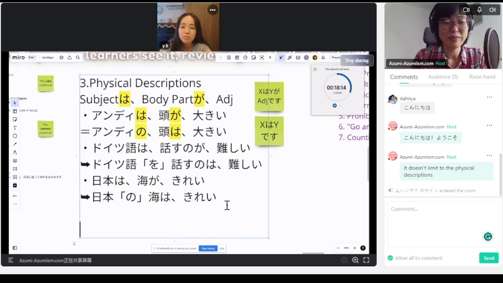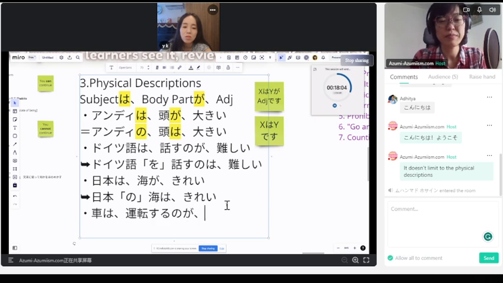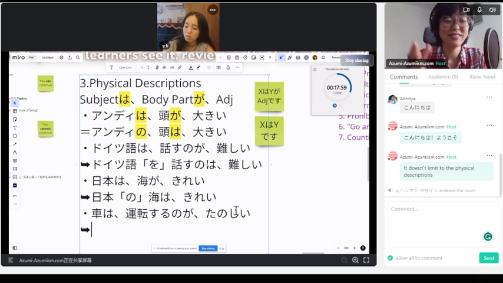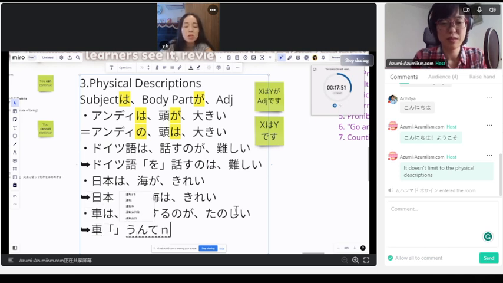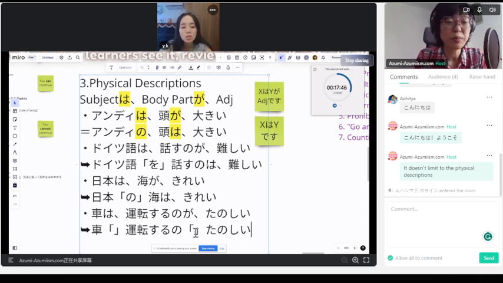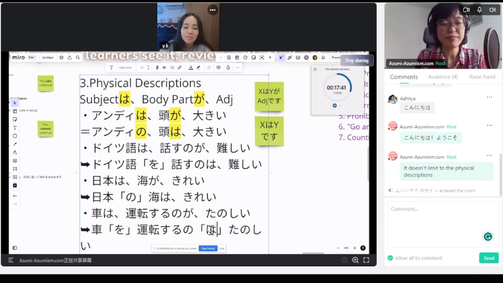For example, 車は運転するのが楽しい。Rephrase. 車を運転するのは楽しい。Yeah.